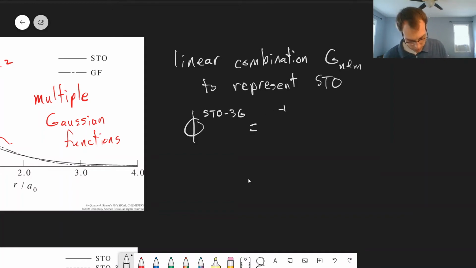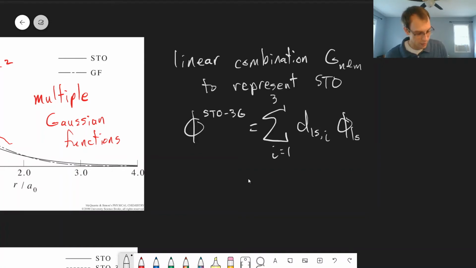So we get a sum from i equals 1 to 3 of 3 different coefficients, d1s,i, and we have 3 different 1s Gaussian type orbitals that depend on r and different alpha values for the different Gaussian functions that we're using.